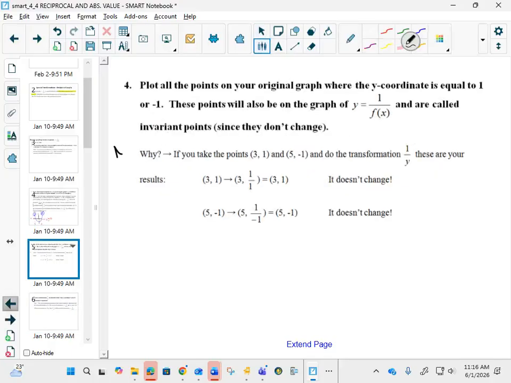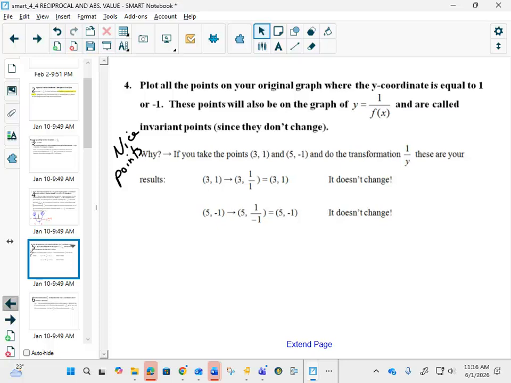And if you want to write this beside 4 and beside 5, just do some nice points. If you have the point 2 comma 4 on your original graph, you're going to have the point 2 comma 1 over 4.